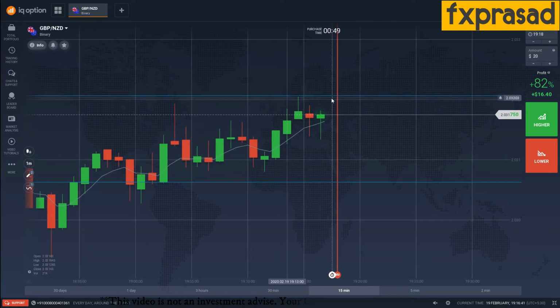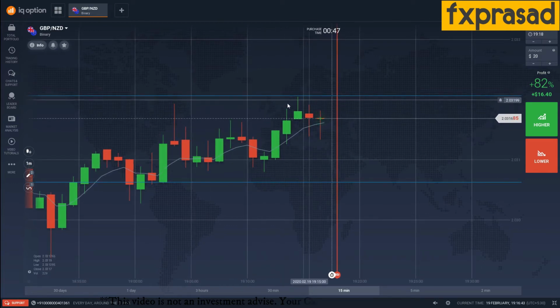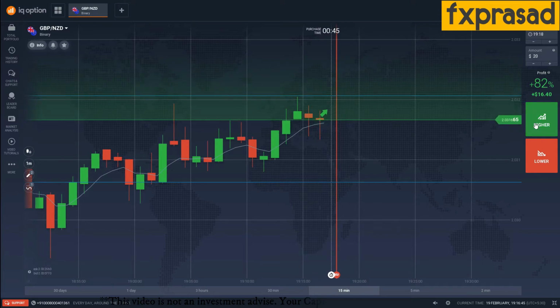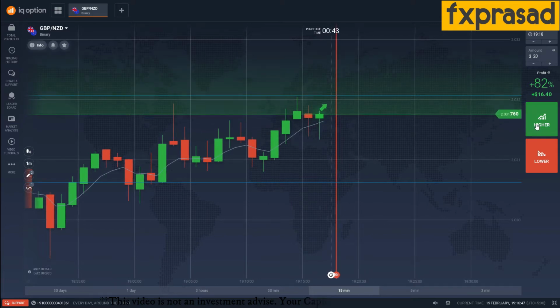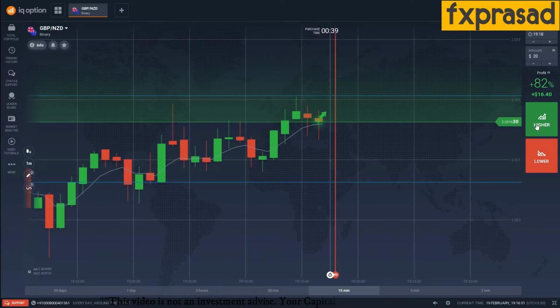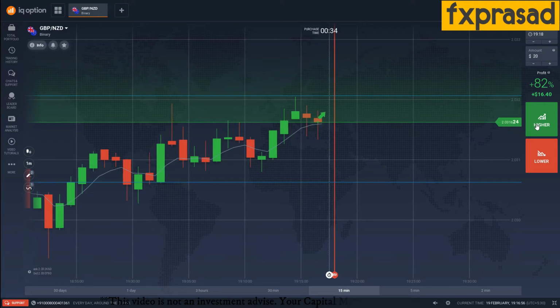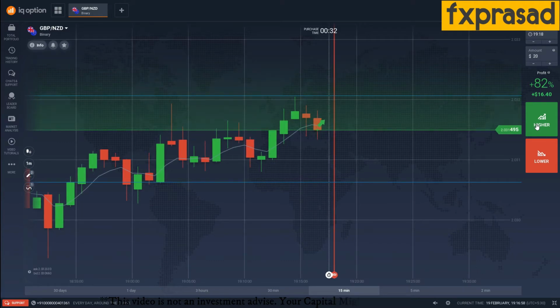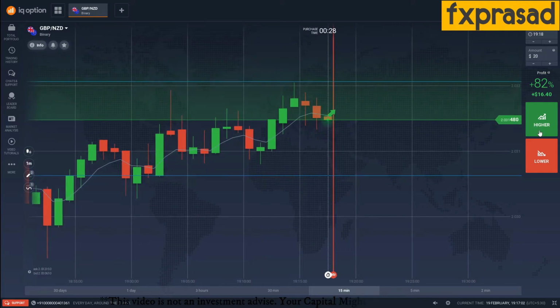The market will go up to this level. After this candle I go with call. Market is trying to go up.